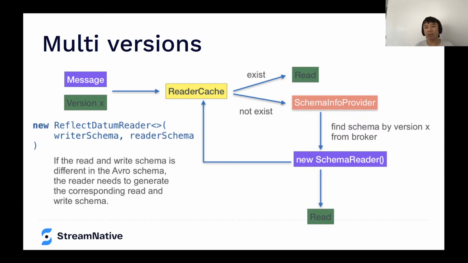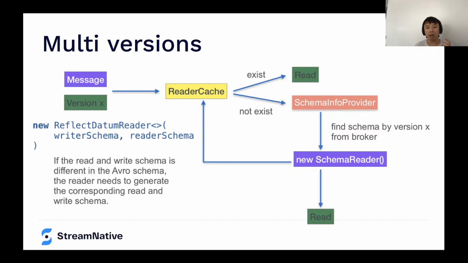What I'm talking about here is more about the consumer side. On the producer side, we also support a single producer instance producing different types of messages. The workflow is very similar: you also maintain a schema information map, mapping the schema version to a schema info.